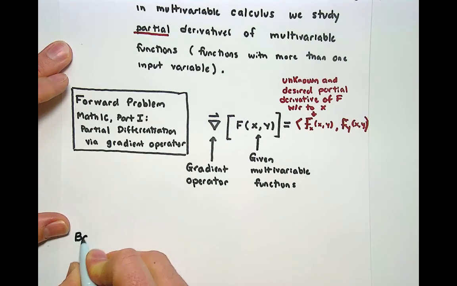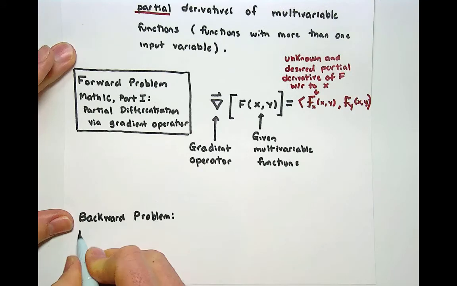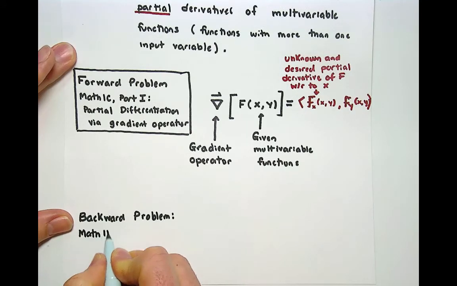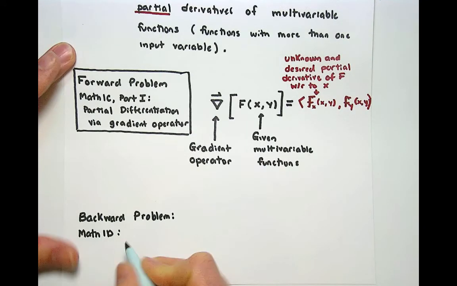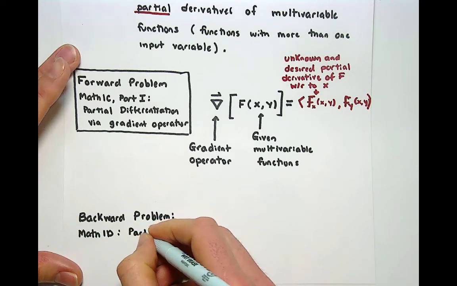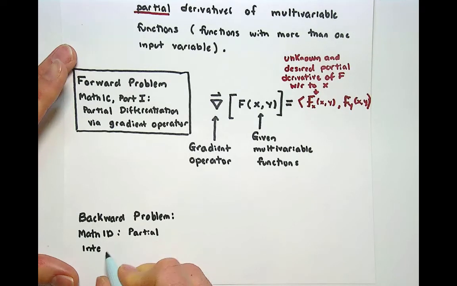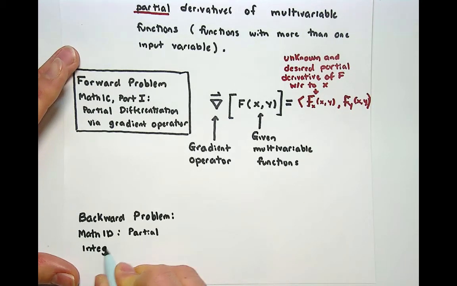And the backward problem moves along the same structure. This is going to be known as Math 1D, which is known as partial integration, and some people call this multiple integration.